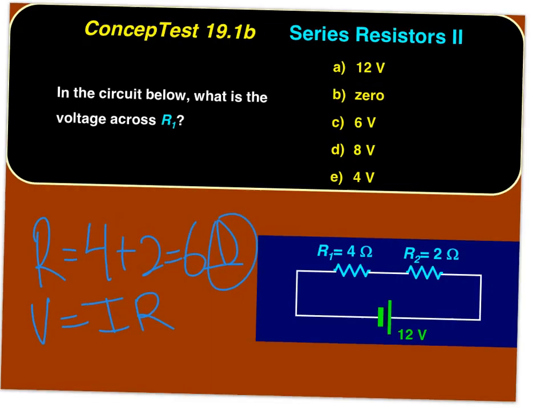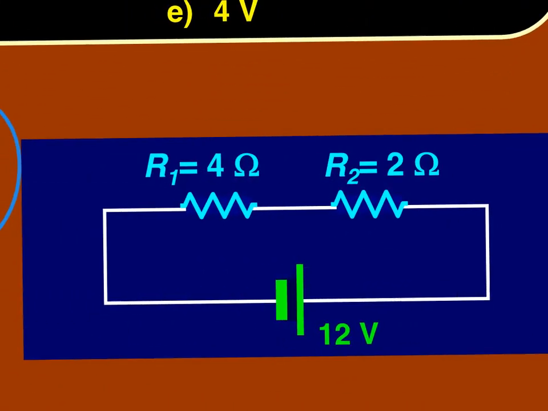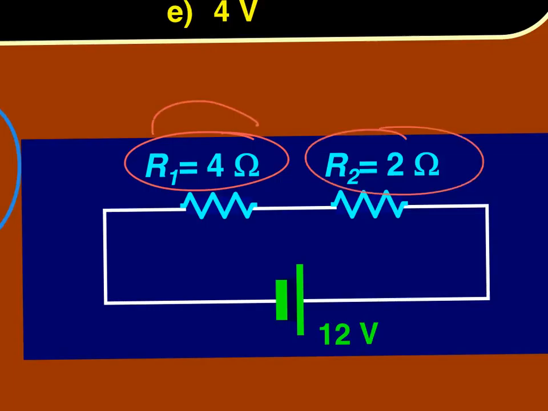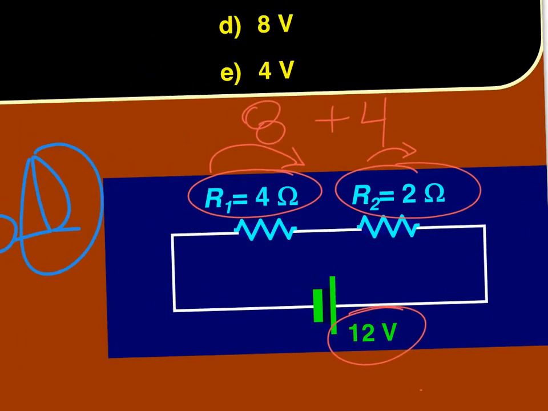So if we consider this has twice the resistance of this, twice the voltage is going to be taken up in moving the electrons through. And together we have 12 volts. So if the voltage breakdown is 8 volts used up here and 4 volts used up here, it makes sense that twice is used up there. So that's going to be our answer.